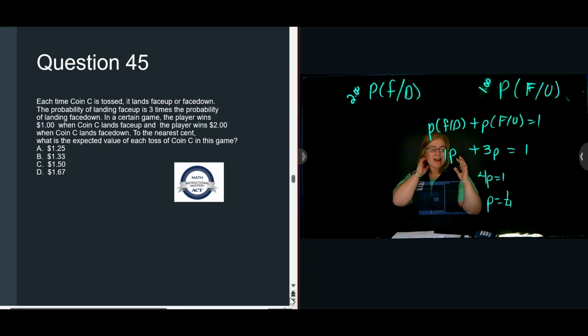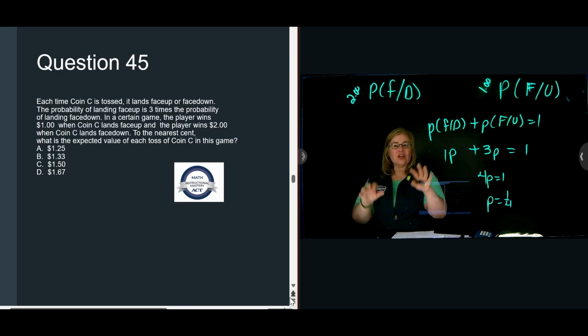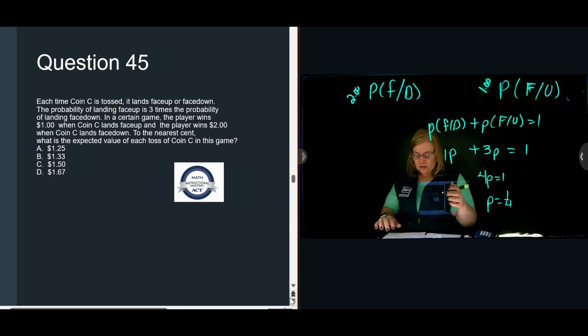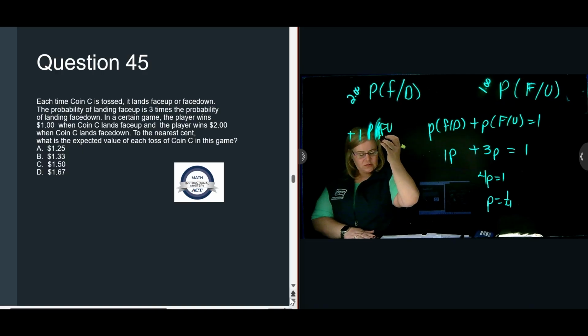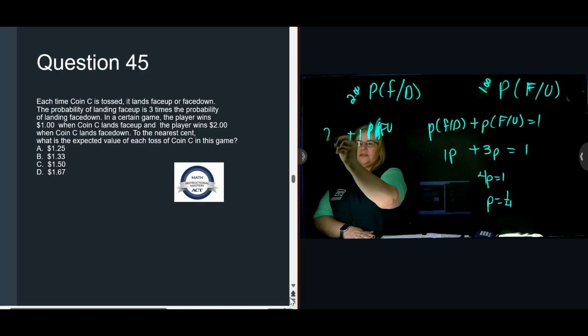All right, so now I can take that and look at my amounts. I'm going to have $1 for the probability of face up, plus I'm going to have $2 for face down.